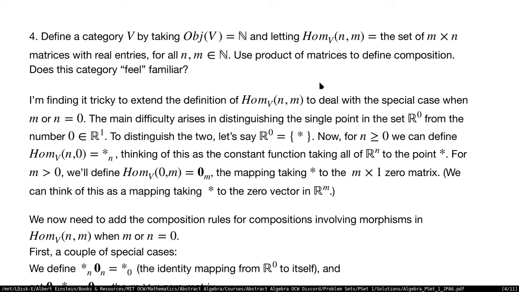So to distinguish, let's say R0 has some thing in it called the asterisk, and when n is greater than or equal to 0, we can define the map from n to 0 to be this asterisk sub n. It's just a map that sends everything to that point. Yeah, exactly, makes sense. So everything from the n-dimensional vector space to this point.